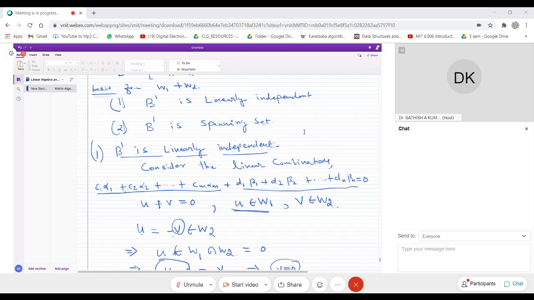I take the first combination, C1 alpha 1 up to Cm alpha m, as U, and the other combination as V. The alphas belong to W1, so U must belong to W1. The betas are vectors in W2, so V must belong to W2. So U plus V equals 0, where U belongs to W1 and V belongs to W2.